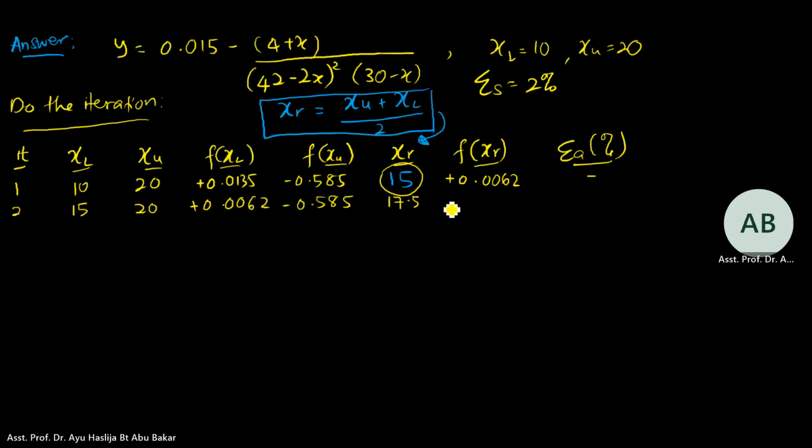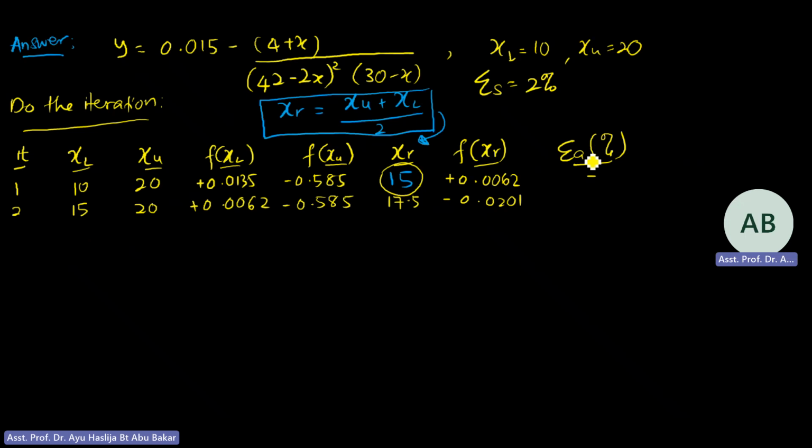Negative, is it? Okay, you will get negative 0.0201. Okay, so for the second iteration, you can find the EA. So what is the EA? 14.29, is it? The EA.